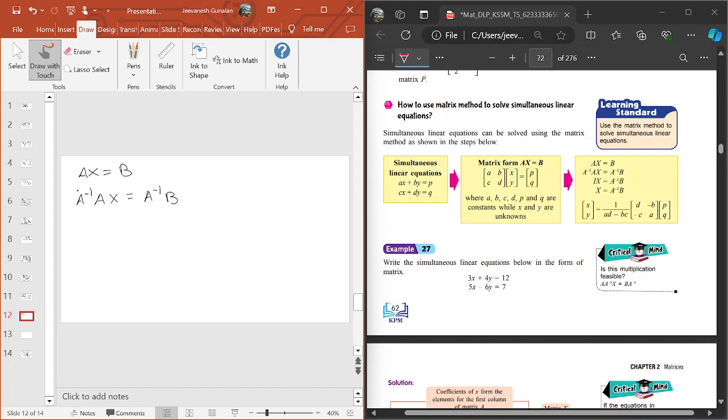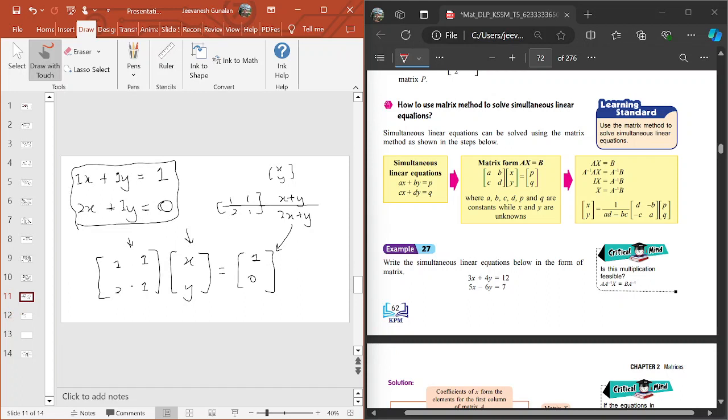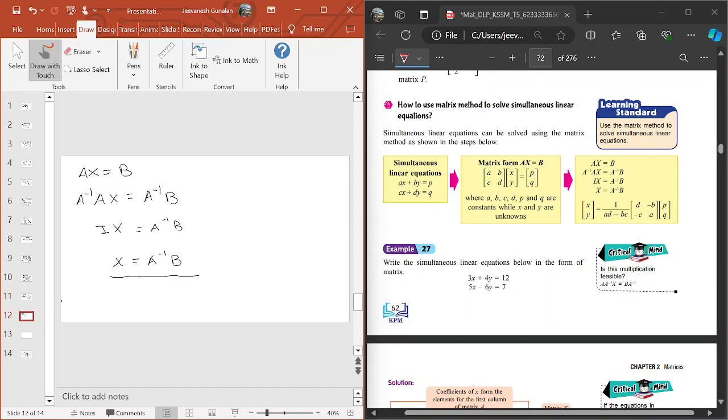If I multiply the inverse of a with a, I'll get I, which is the identity matrix. And if I multiply the identity matrix with any other matrix, I need to get the same matrix, so I'll get x. So this must be quite similar to this, right? Let me remember this.